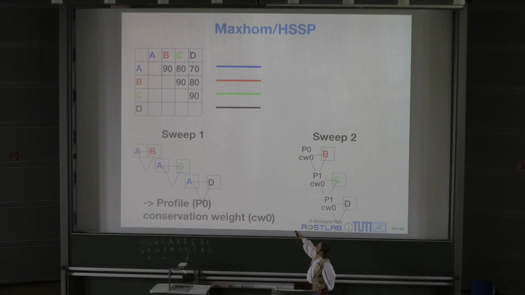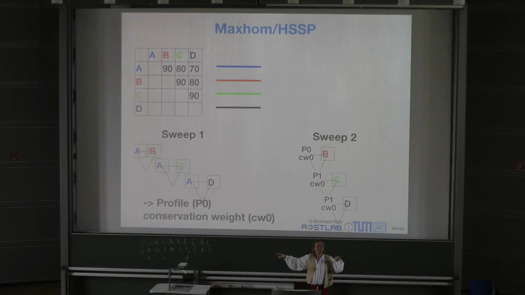In the family alignment approach that we had so far, remember we did A to B and C to D, and we did consensus sequences. At the end, you did not have any preference for anyone in this group. The lettering ABC could have been completely the other way around. Now the big issue for MAXHOM is to say A is the major. So when I build up my pairs, I always do AB, AC, AD.